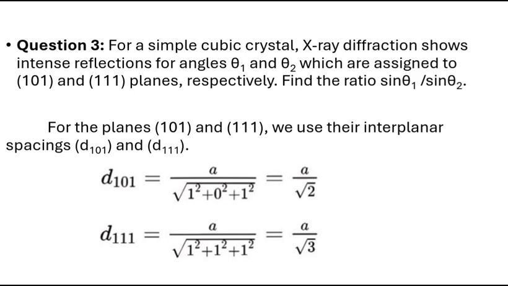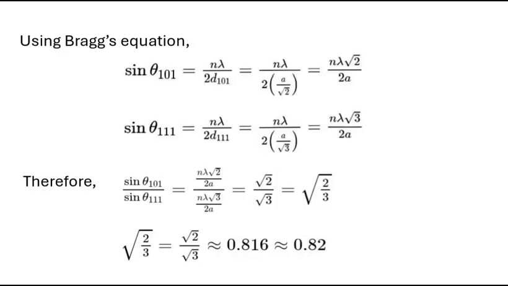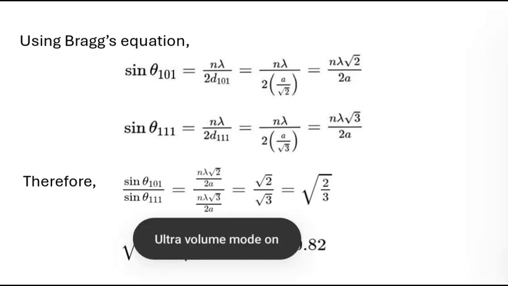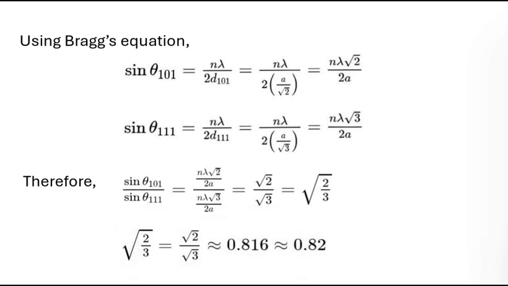D101 is obtained as a by root 2 and D111 is obtained as a by root 3. Now, using the Bragg's equation, n lambda is equal to 2d sin theta, we can find the value of sin theta 1 and sin theta 2.